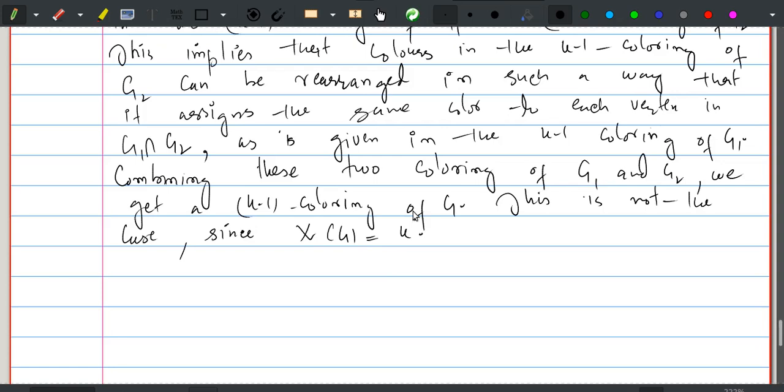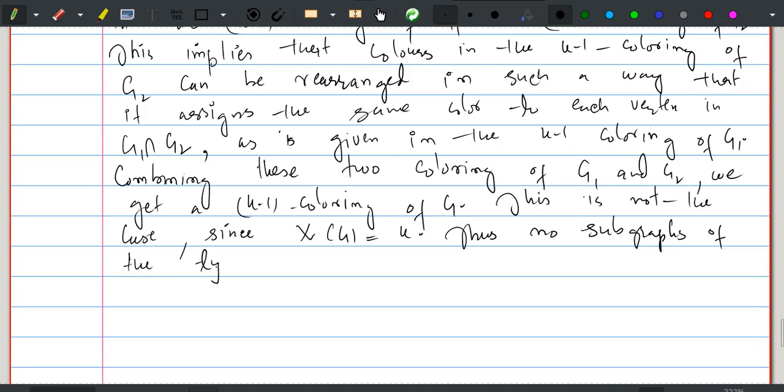Thus no subgraphs of the type G1 and G2 exist.